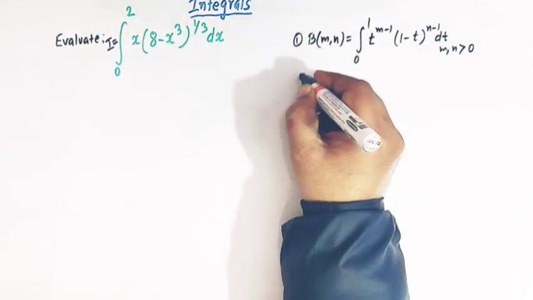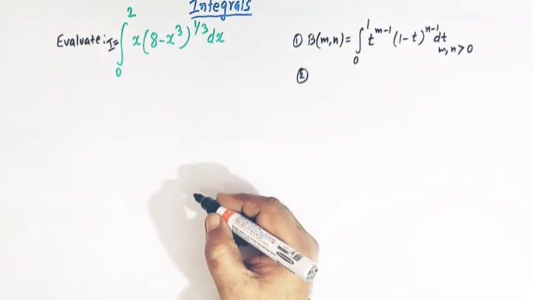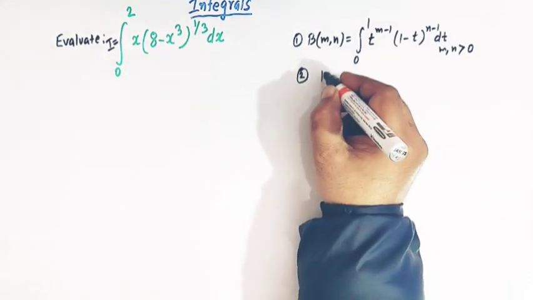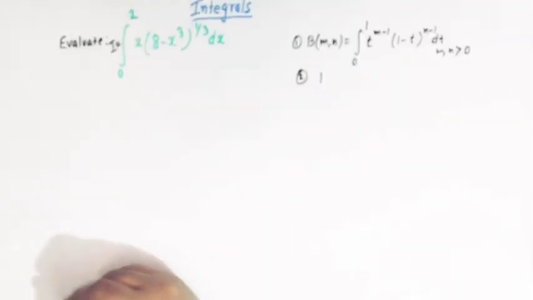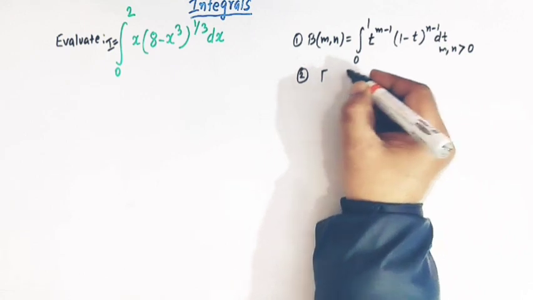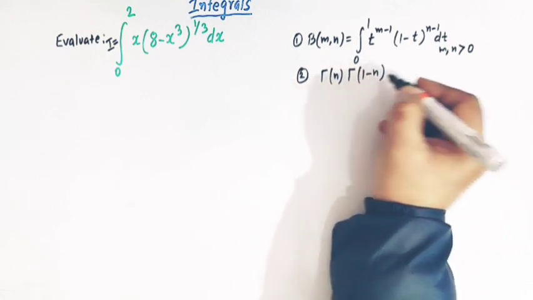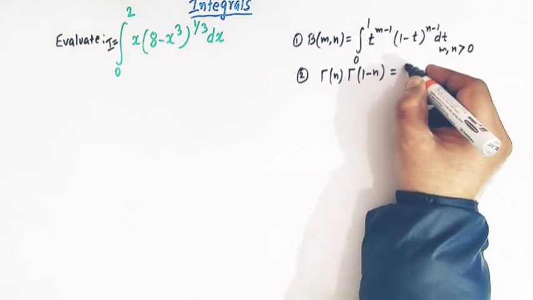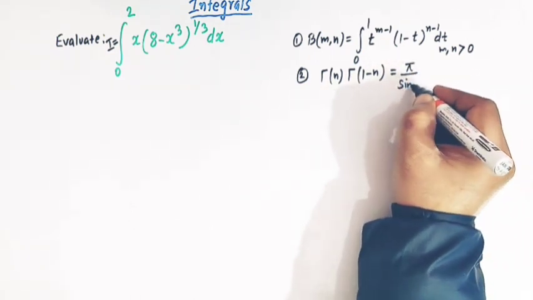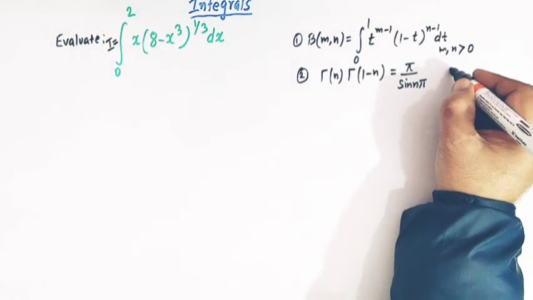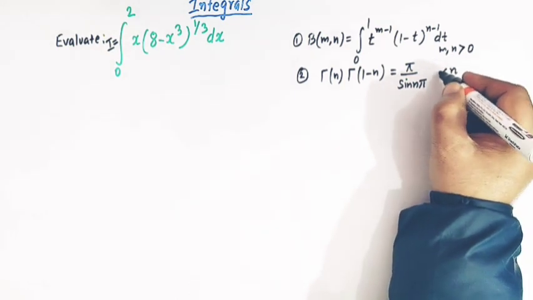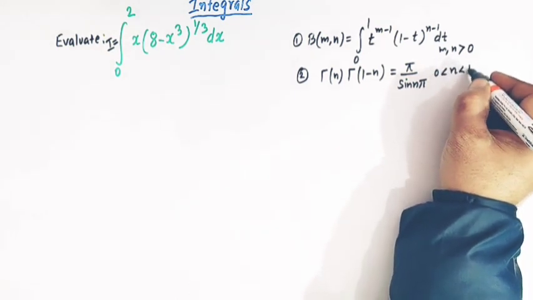Now let us see the second result. The second result is Euler's reflection formula, which is gamma of n times gamma of 1 minus n is equal to pi divided by sine n pi, where n lies between 0 and 1.